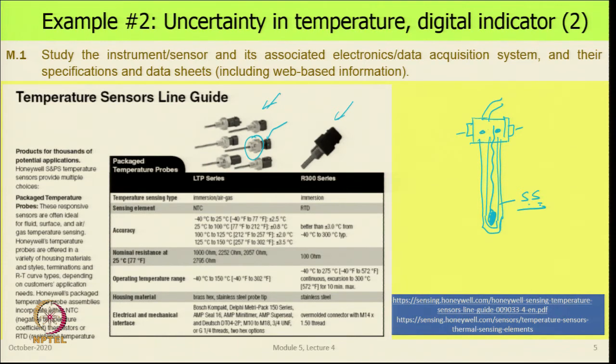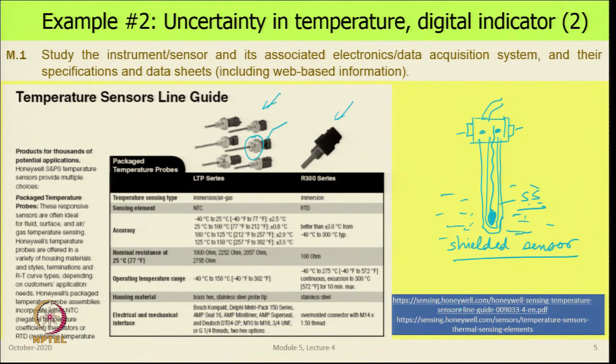So, this is a typical arrangement which is called a shielded sensor. What it does is that the element does not come in contact with the environment in which the measurement is being made.